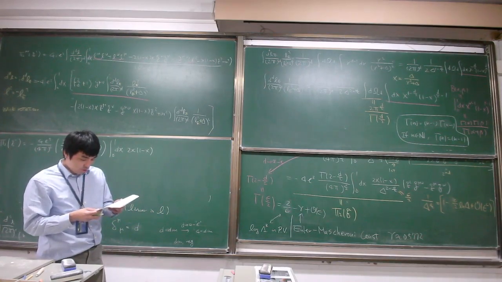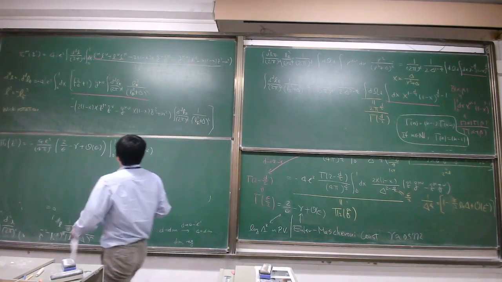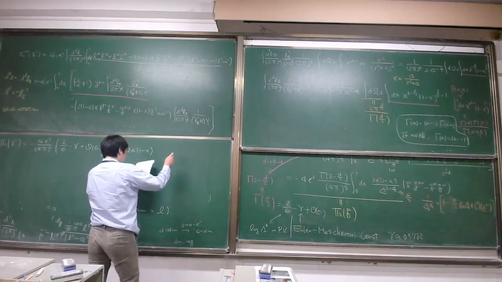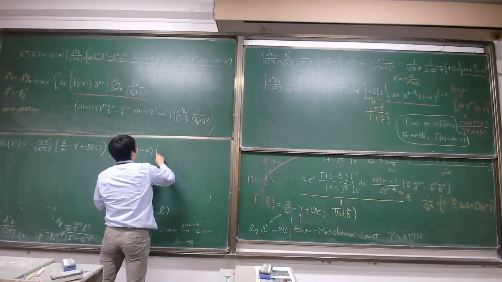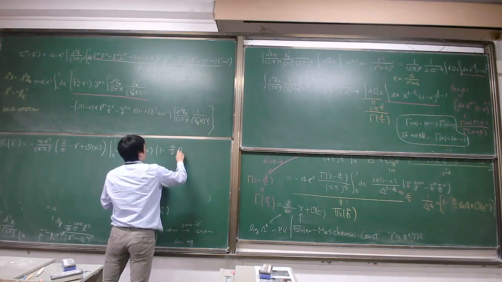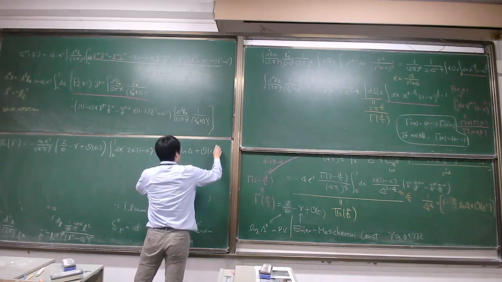Unfortunately, I don't have time to explain. So therefore, this can be replaced by 1 minus epsilon over 2 log of delta plus order epsilon squared.